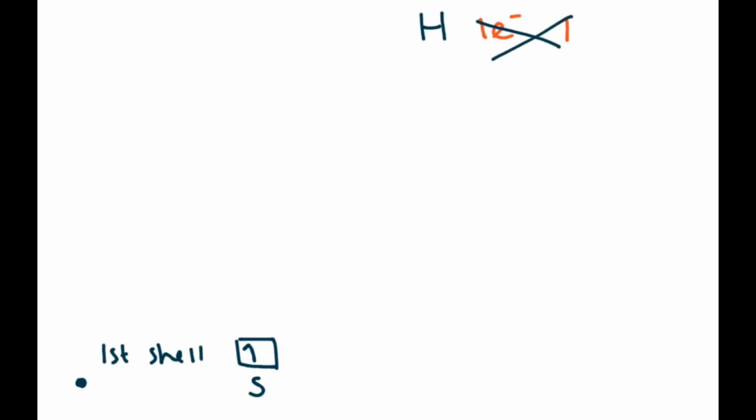For hydrogen, there is 1 electron in the first shell, it's an s orbital, and there's 1 electron. The number at the front is the shell number, and the s is the type of orbital.